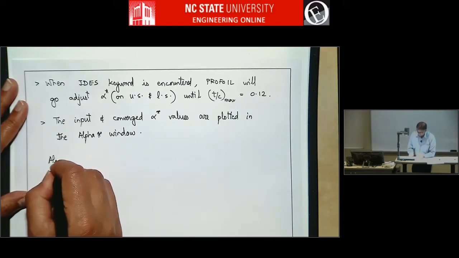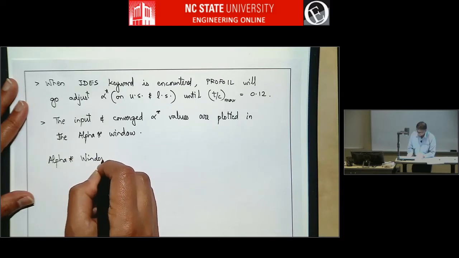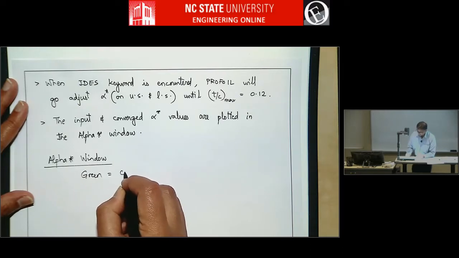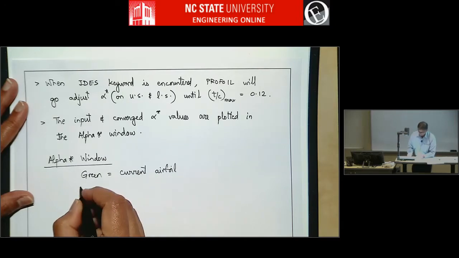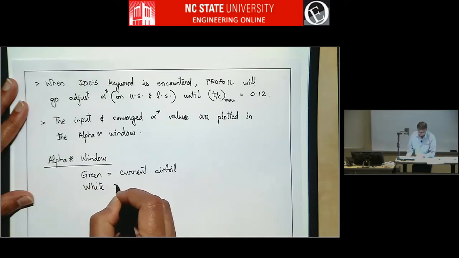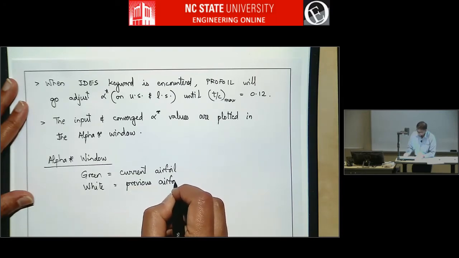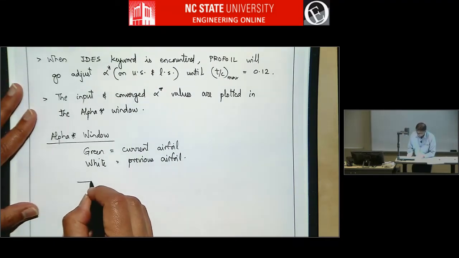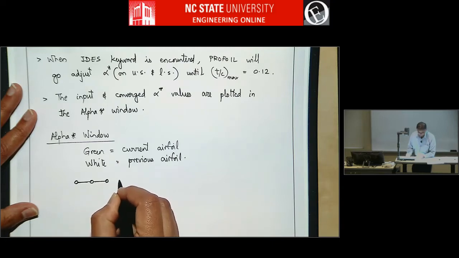So let's look at the alpha star window. Window means the plot window in MATLAB. So as always, green is current airfoil and white equals previous airfoil. And the alpha star syntax or the plot legend is like this. If you have circles, that's the input.